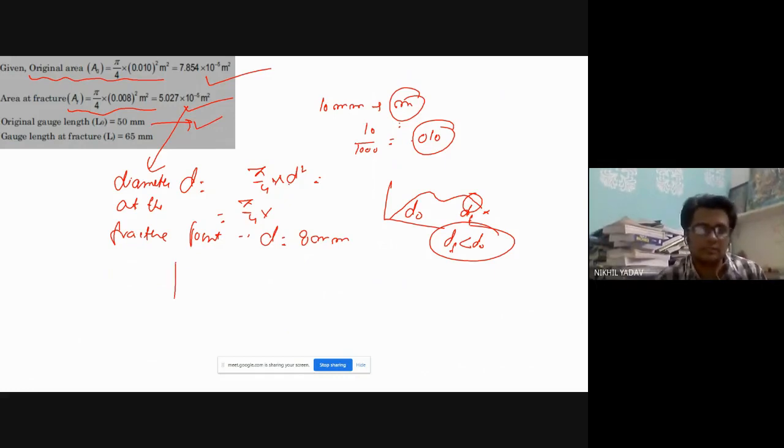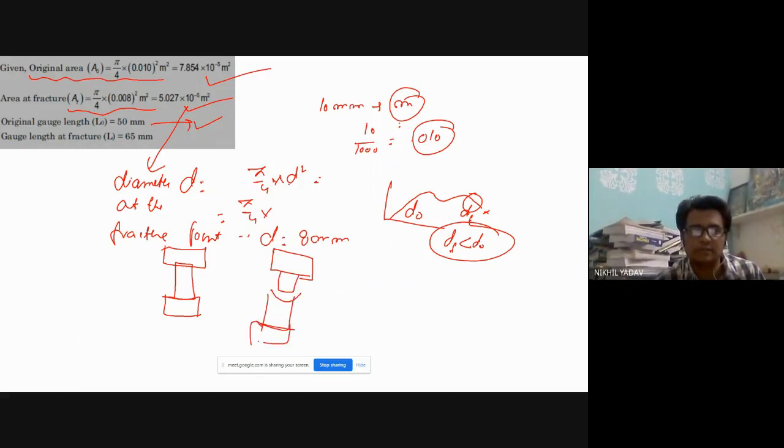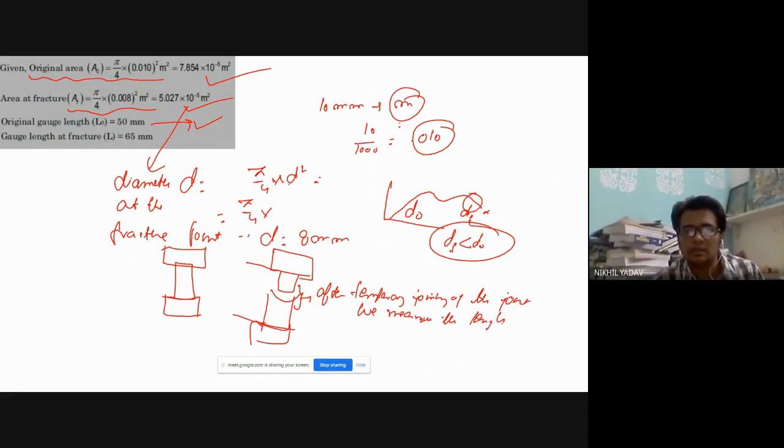That was simple. When the specimen was loaded in the UTM, it was like this one. And if we have to measure the gauge length at fracture, what we have to do is simply find the length from here to here after temporary joining of the joints. We measure the length of the gauge, right?